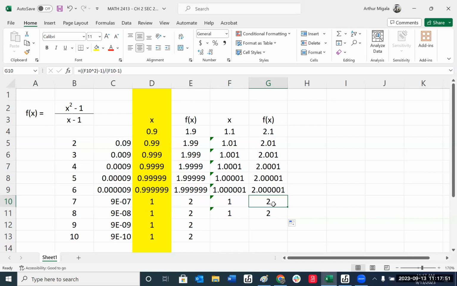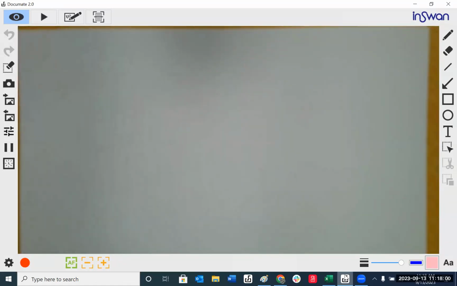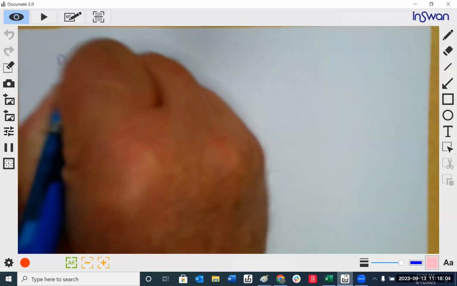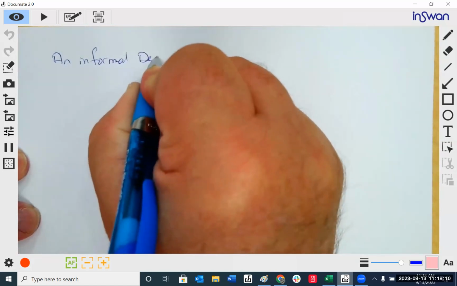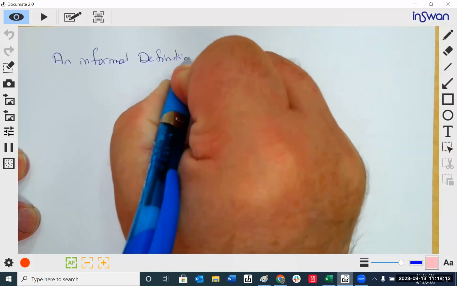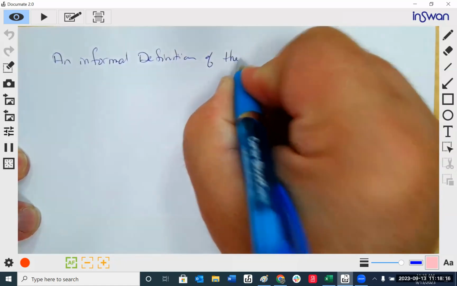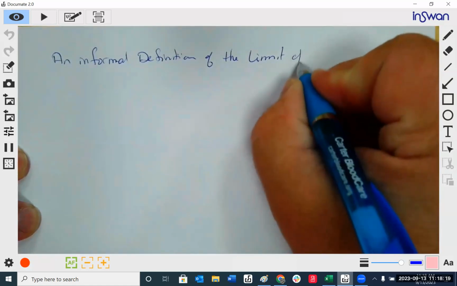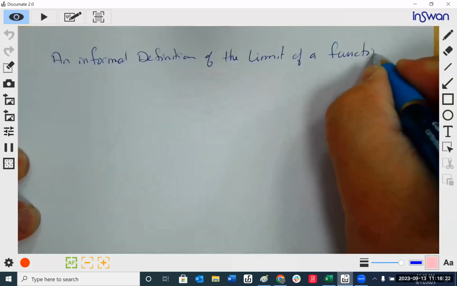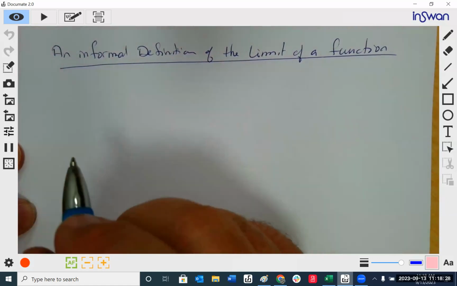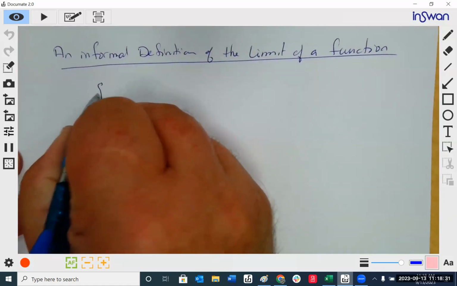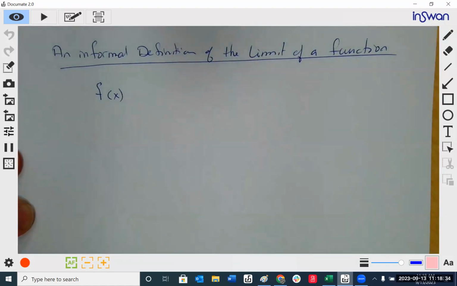So let's define this now. Remember, we're looking at an informal definition or description of the limit of a function. Let's say that f of x is our function.